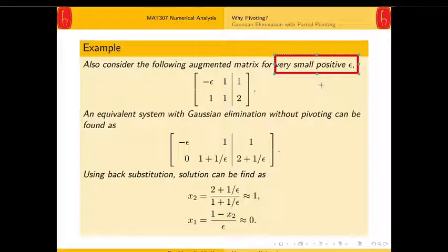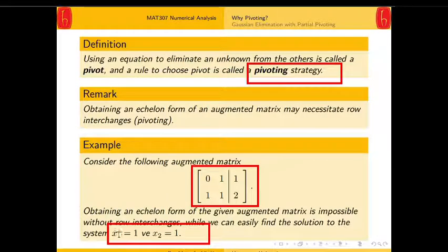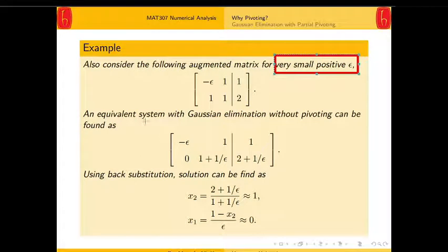Positive but close to 0. Doing that shouldn't cause too much difference in the solution. The solution was 1 comma 1, so the new solution should be very close to 1 for x1 and very close to 1 for x2. But let's see if this is really the case or not.